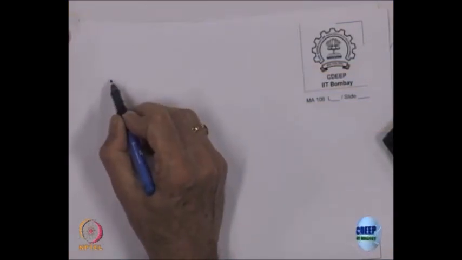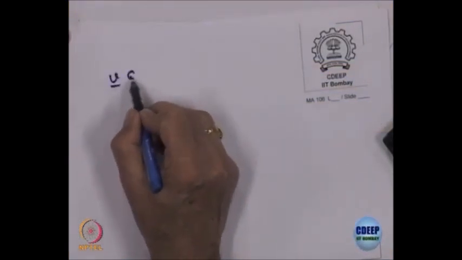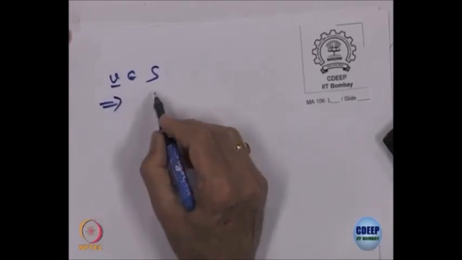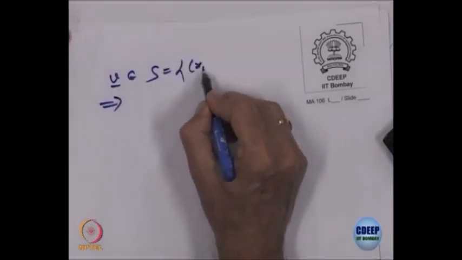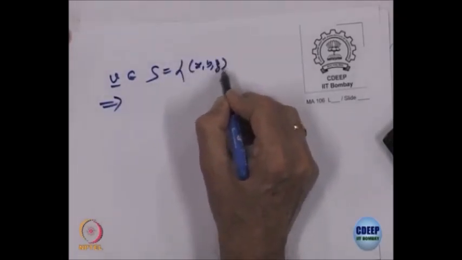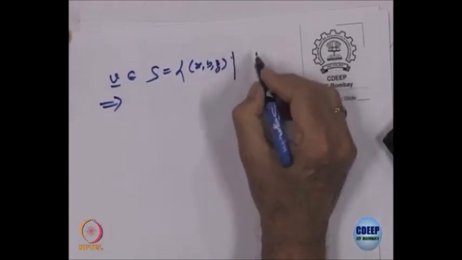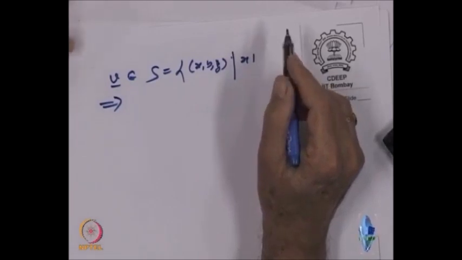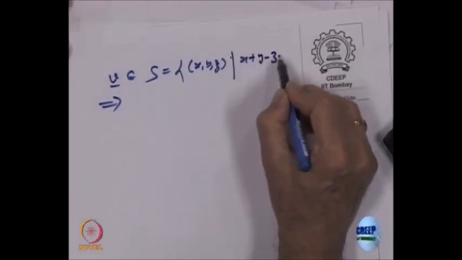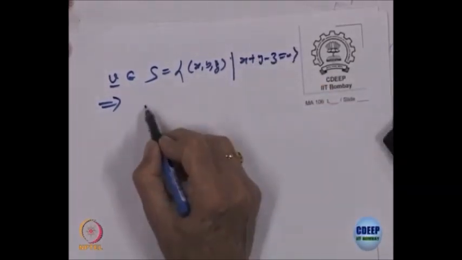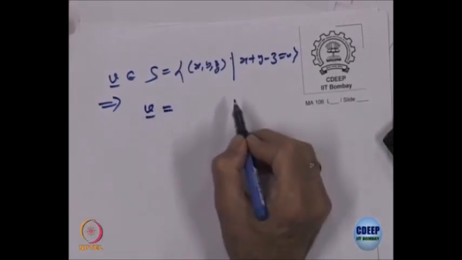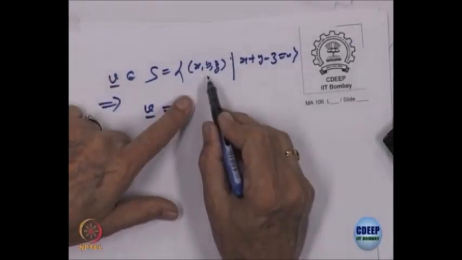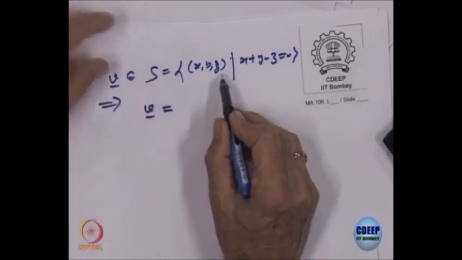If a vector V belongs to S, what was S equal to? That is x, y and z such that x plus y minus z equal to 0. That means V is equal to, what is the solution? What is x equal to?